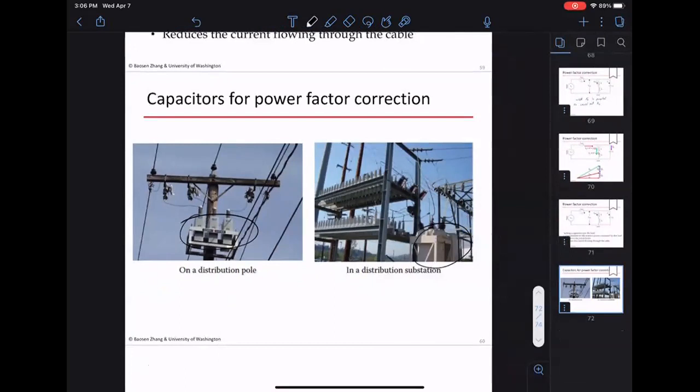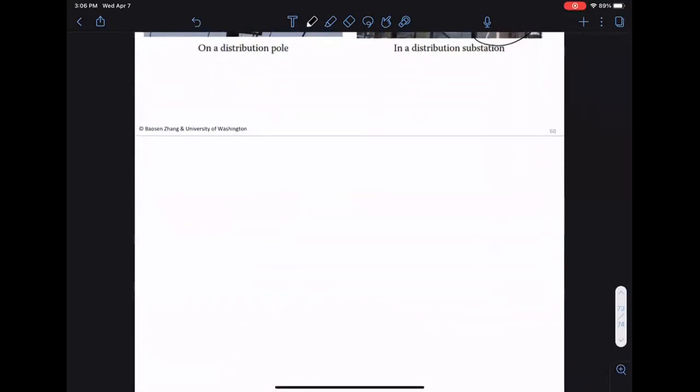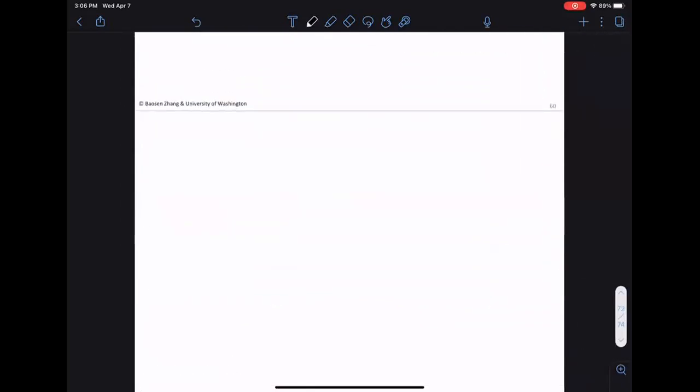Okay. So if you look at the load, typically a line goes like this. We have a load here. I'm going to just draw this to ground. And then we add this capacitor to compensate for reactive power.